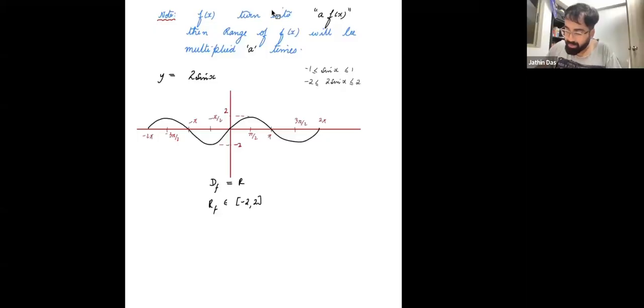Okay. Now you can write the heading: range of trigonometric functions.